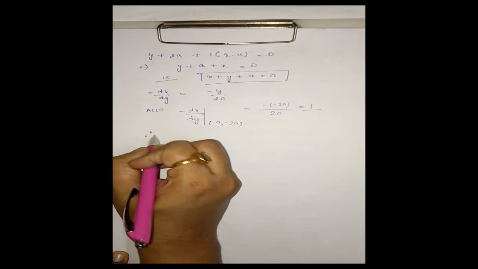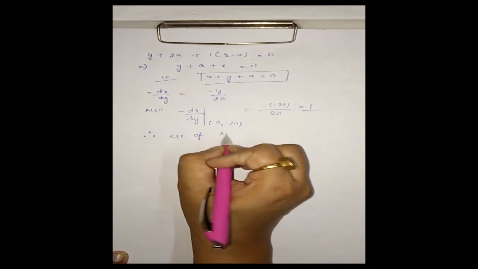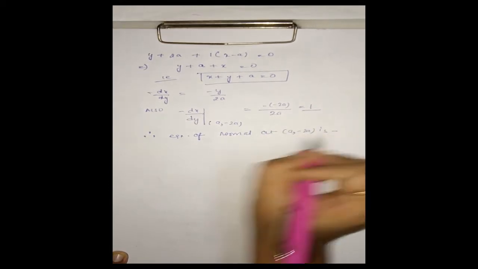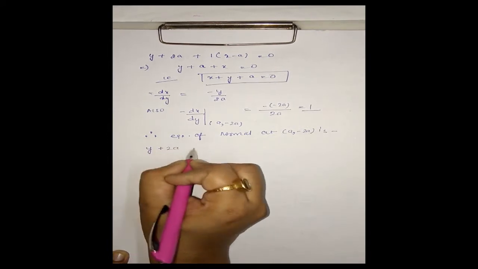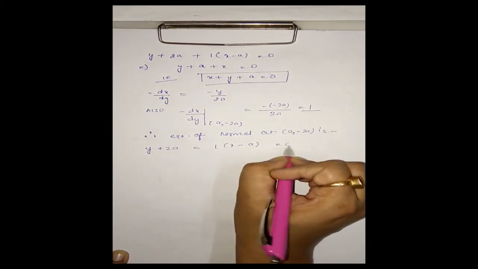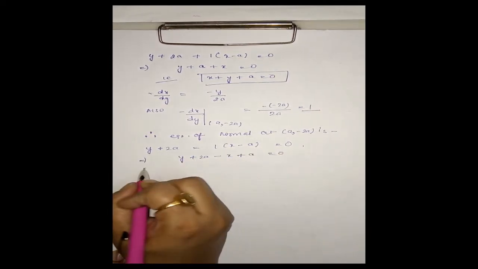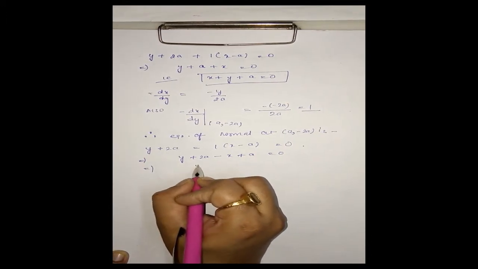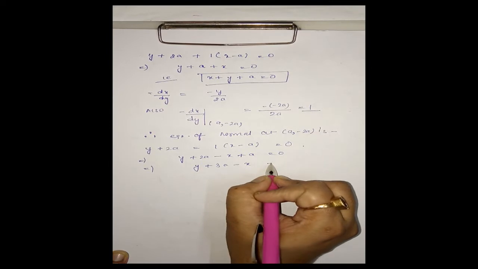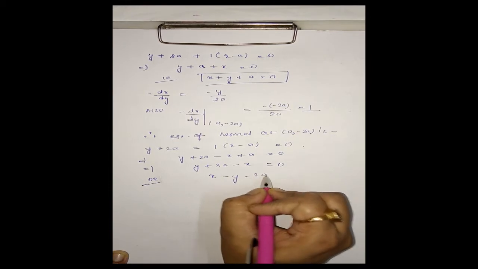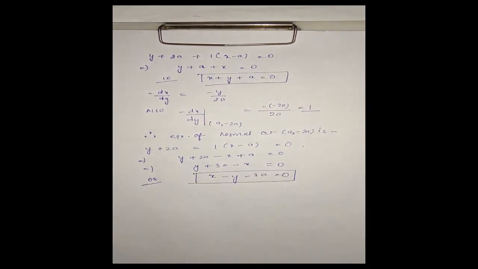Therefore, equation of normal at a, minus 2a is y plus 2a is equal to 1 into x minus a, that is y plus 2a minus x plus a is equal to 0. Or we can write this as y plus 3a minus x is equal to 0, or x minus y minus 3a is equal to 0. This is the equation of normal to the parabola at the point a, minus 2a.